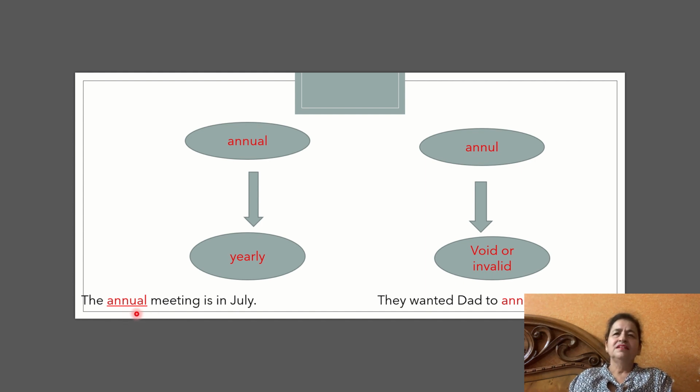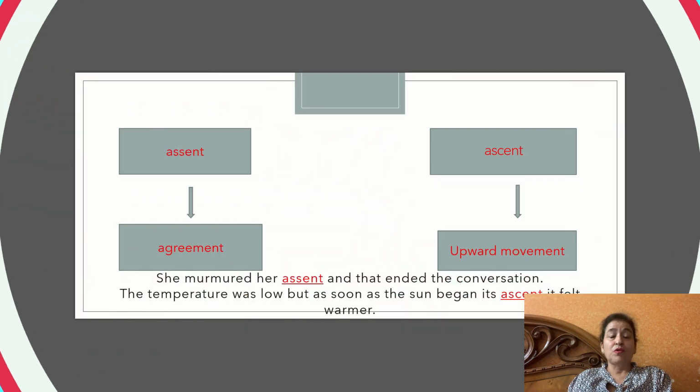And annul, I told you, is void, cancelling, that it is no more. So we say that they wanted dad to annul the marriage, to cancel the marriage, to consider it invalid.